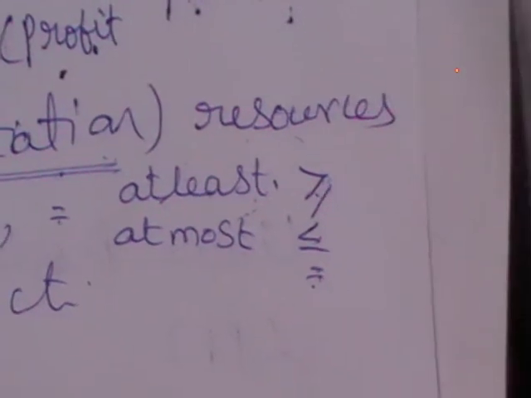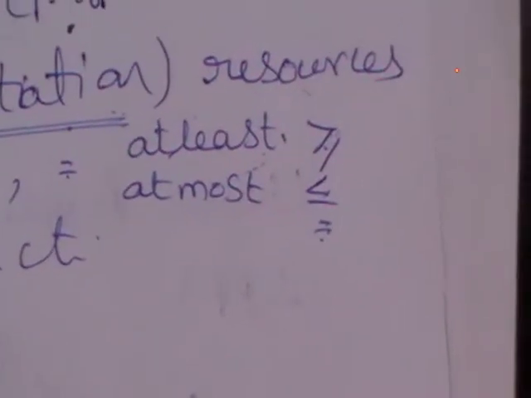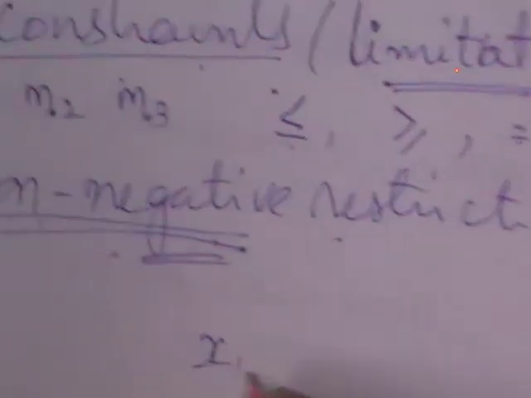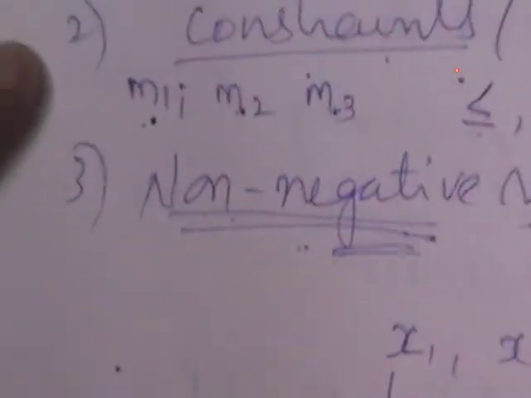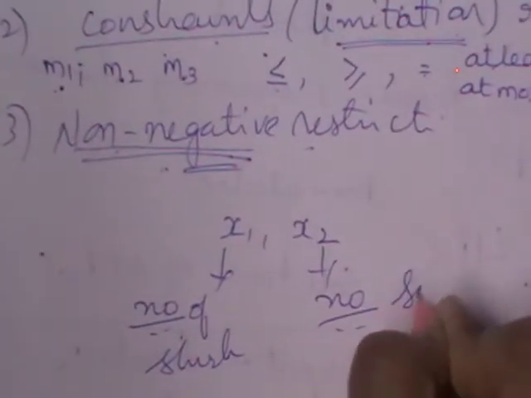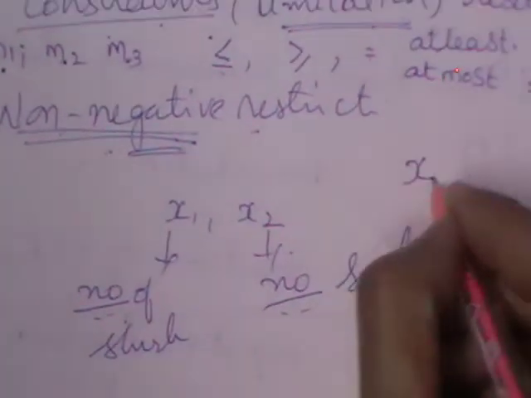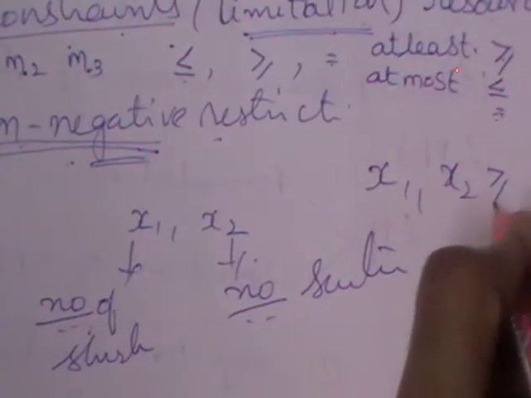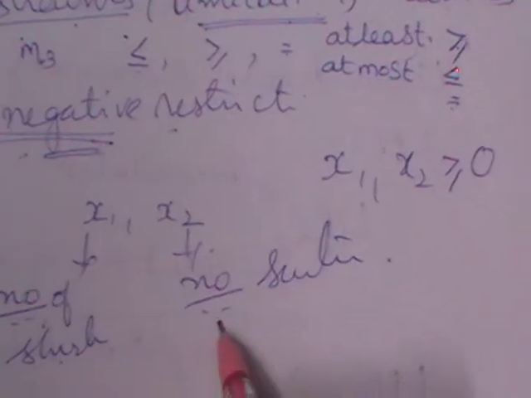The third one is very simple: the non-negative restriction. The name itself tells us. You know that x1 and x2 are the decision variables. These are the number of shirtings to be produced and the number of suitings to be produced. After formulating, no answer should come out negative, because we cannot produce a negative number of items.